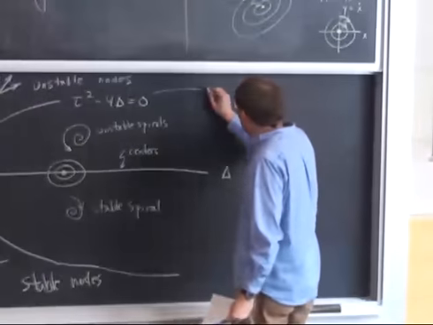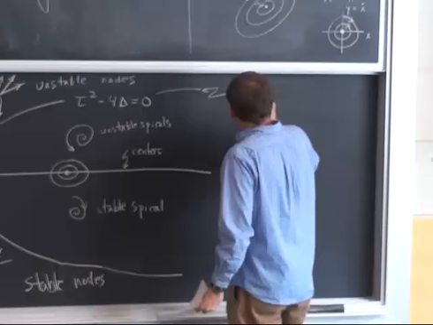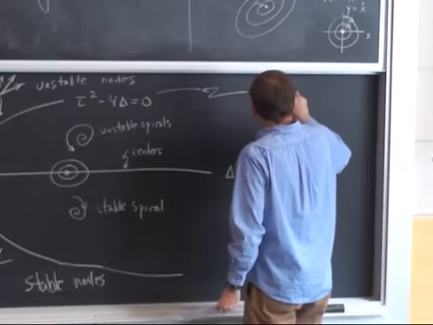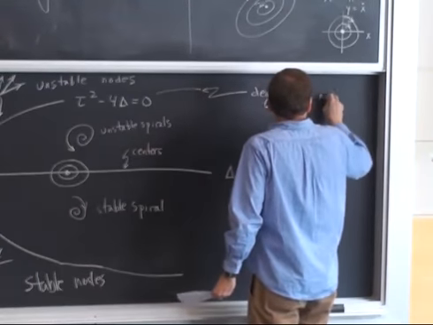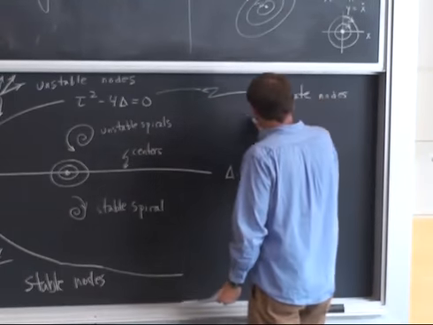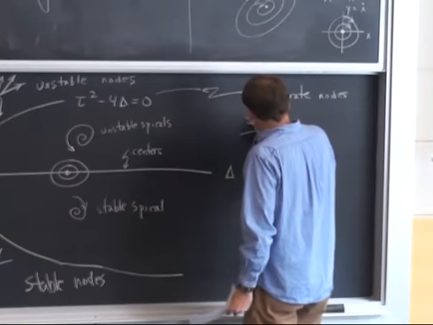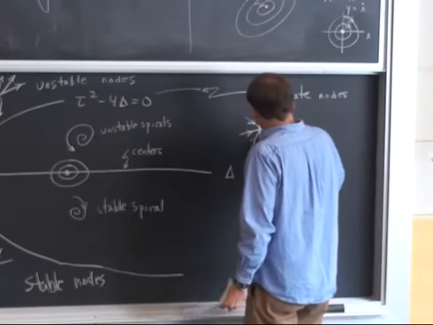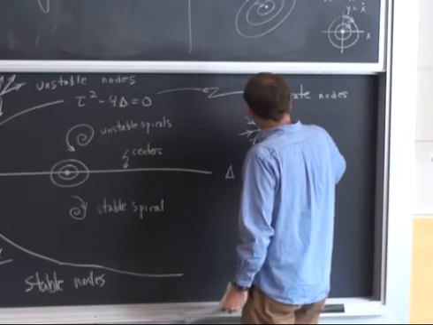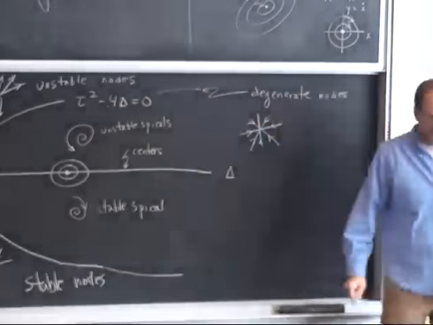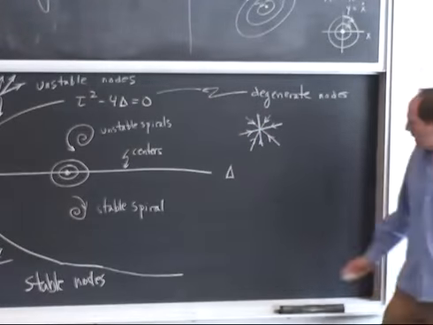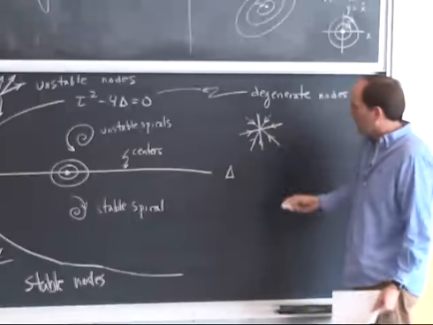But what you can have on here is these degenerate nodes of two types. They can look sometimes very symmetrical, where every direction is a straight line trajectory direction. So you can have the two lambdas equal in such a way that every direction is an eigendirection.